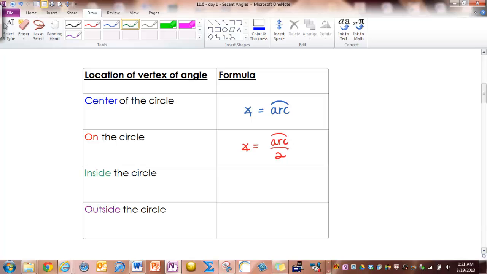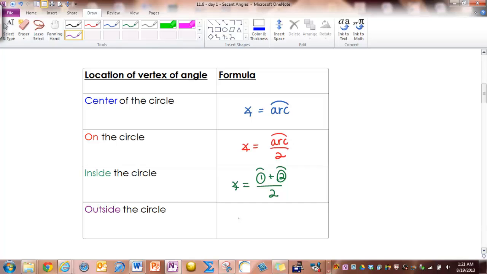Now if the vertex of the angle is inside the circle, this is a new formula today, we have the angle equals something I'm going to call arc 1 plus another arc I'm going to call arc 2, divided by 2. And the last one we're going to learn about today is when the vertex of the angle is outside of the circle.